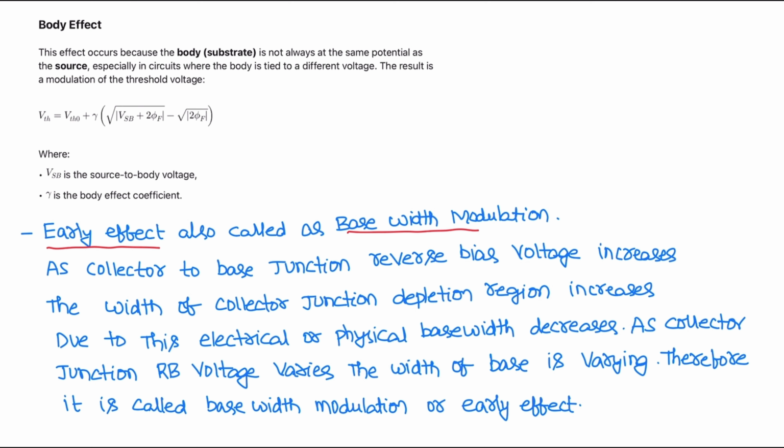Due to this, the electrical or physical base width decreases. As the collector junction reverse bias voltage varies, the width of the base is also varying. Therefore, it is called base width modulation or early effect.